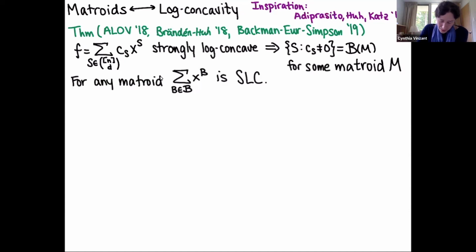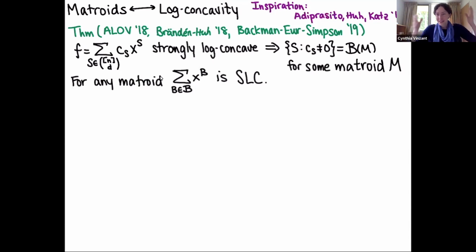And this has been proven now several times by several groups of authors. In addition to us, Petter Brändén and June Huh showed this using the closely related theory of Lorentzian polynomials, which turn out after the fact to be the same as strongly log concave polynomials. And it was also proved using different methods by Anari, Liu, Oveis Gharan, and Vinzant recently also.